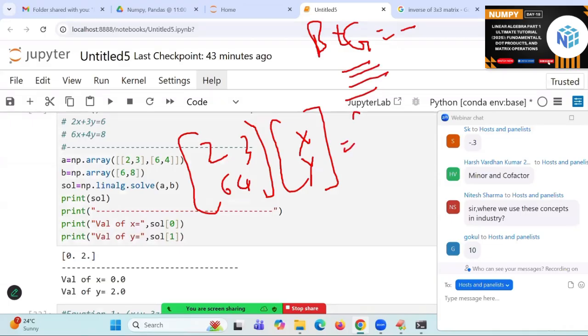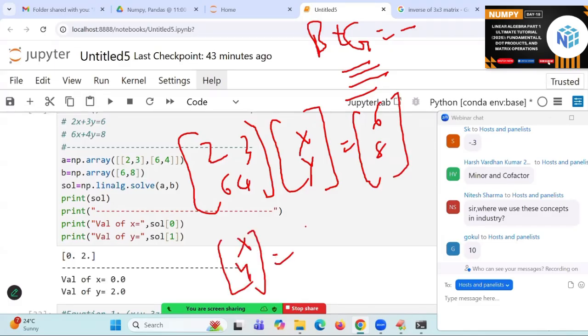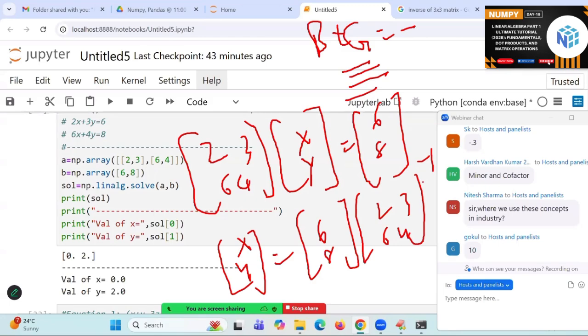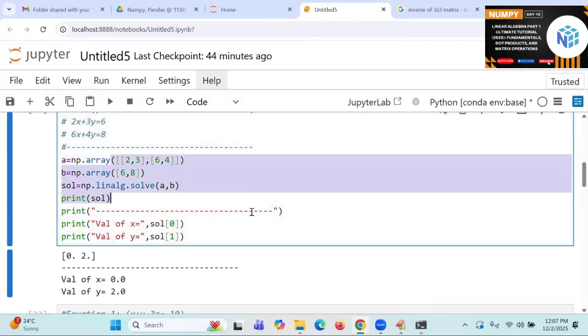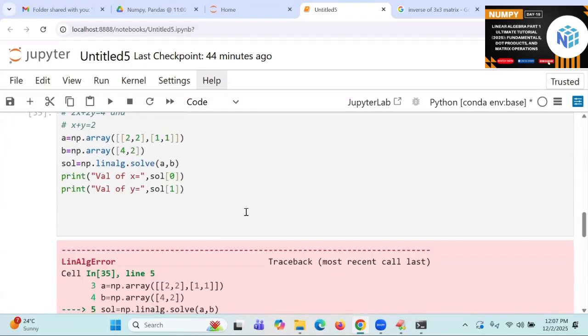In this case, what is applied here? What is the answer? 6 and 8. When it is going to be x and y, what is this mathematically? 6, 8. Now I said here, 6, 3, 6, 4. Inverse I said. Mathematically, when I am solving equations, what is applied? Inverse applied now. So Nitish Sharma, are you okay? Is it clear? Already this is explained two times. Inverse only I am talking about.